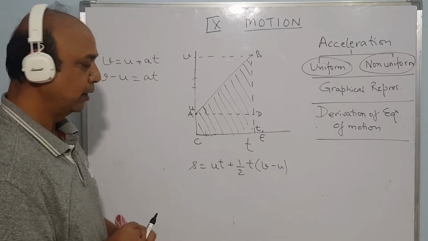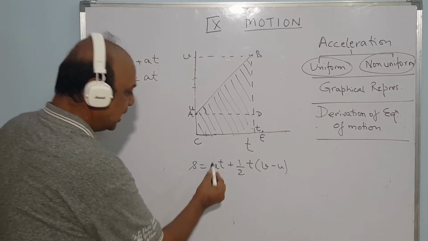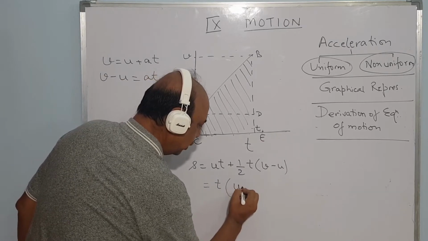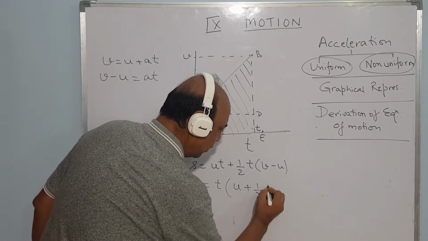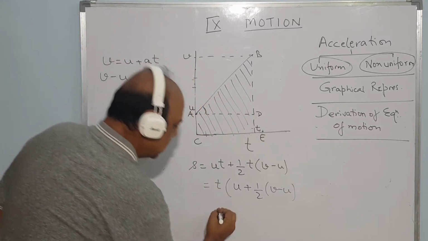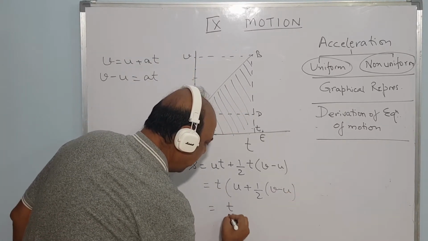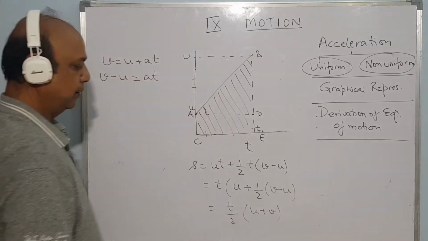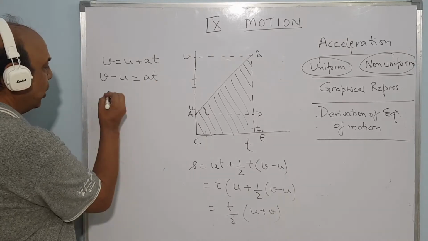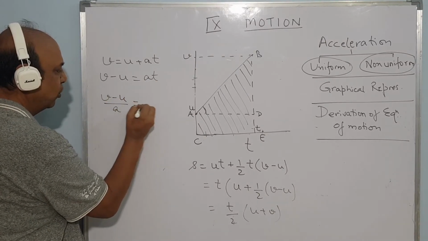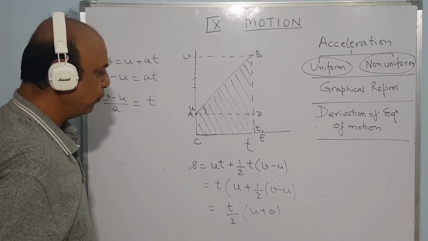Now, as I said, s is equal to t times u plus half v minus u, which is t upon 2 into u plus v. Now look at this equation. V minus u upon a is equal to t. Let us substitute that value here.